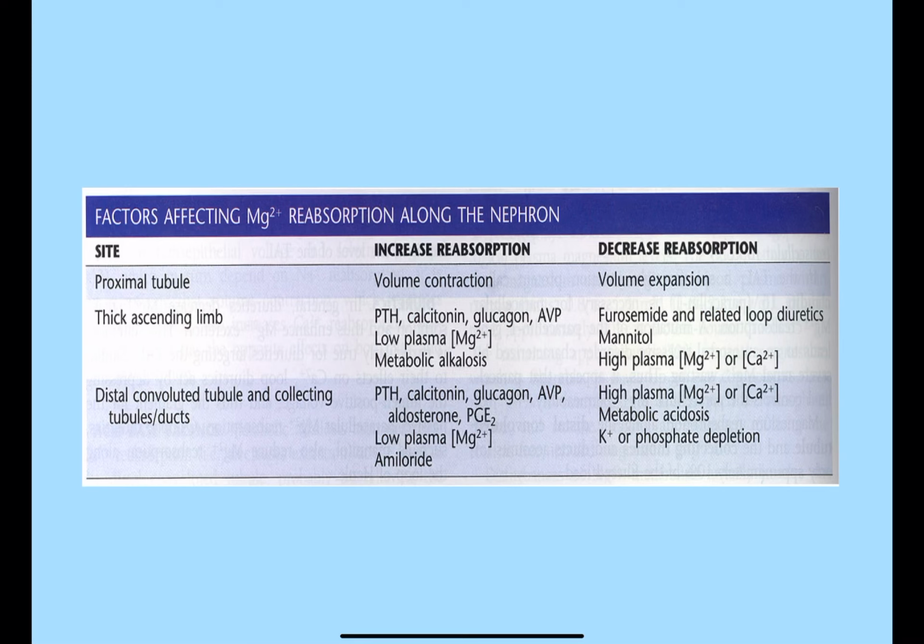Of course, low plasma magnesium concentration will ask the kidneys to reabsorb more, so you don't lose further. And then metabolic alkalotic states will increase the reabsorption, which shoots up the magnesium numbers for the body, which is not a good thing.